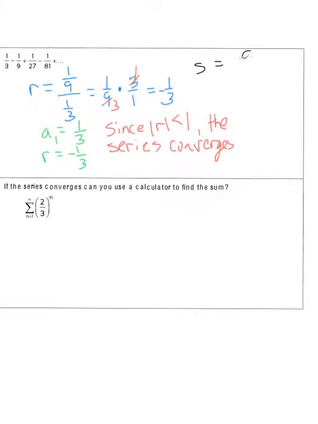So we're using the sum is equal to a sub 1 over 1 minus R. So my a sub 1 is 1/3 over 1 minus a negative 1/3. So that becomes a positive, and we get 1/3 divided by 4/3. And so I'm going to keep, change, flip, so 1/3 times 3/4. These are going to cancel, and you end up with a sum of 1/4.